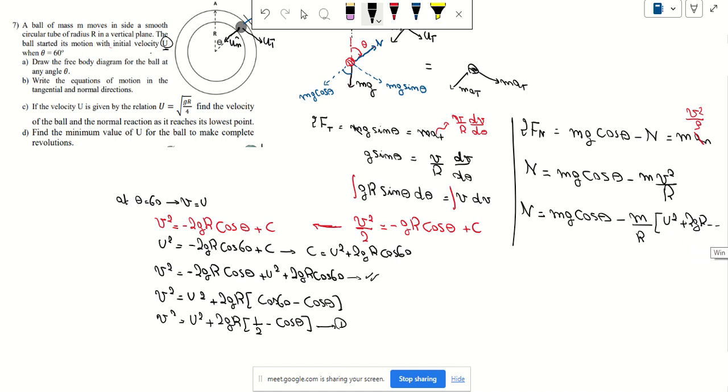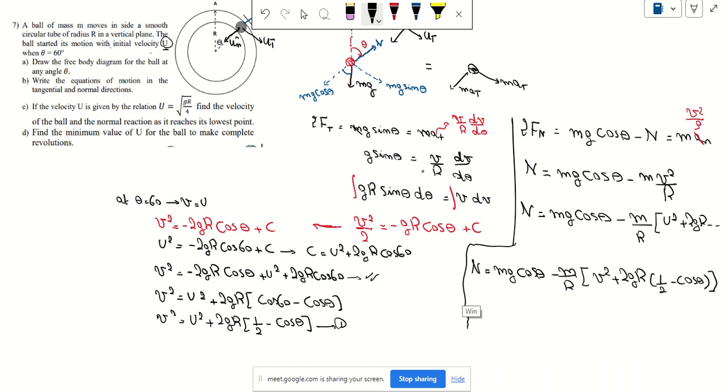Let's keep it in: N will be equal to mg cosine theta minus m over r, v squared plus 2gr half minus cosine theta. And this is N.